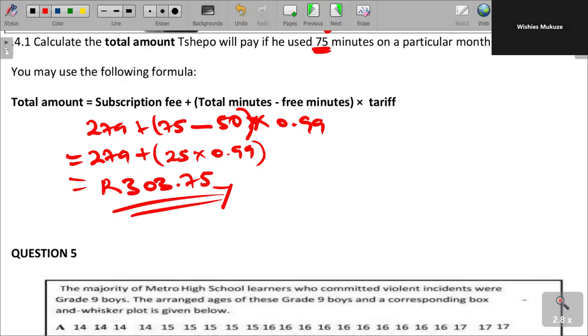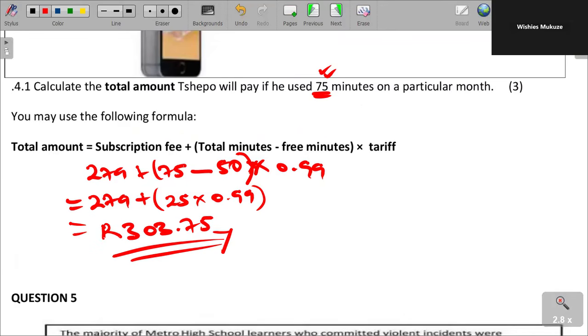It's a matter of substituting the values as they are given in this case.